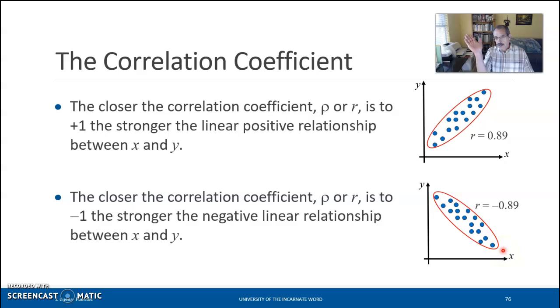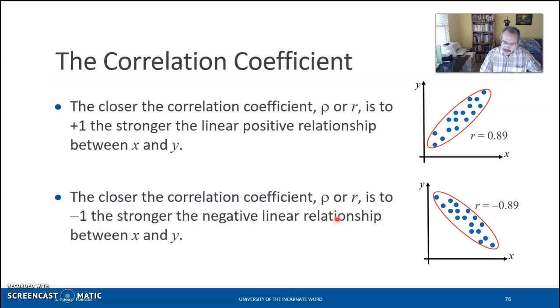So instead of going like this, now it's going like that. This implies that we have a negative linear relationship. It's called negative or an inverse relationship because as x increases, y decreases, and that will be seen with the negative value in the correlation coefficient. So remember, the closer these correlation coefficients get to 1 in absolute value, the stronger the relationship.